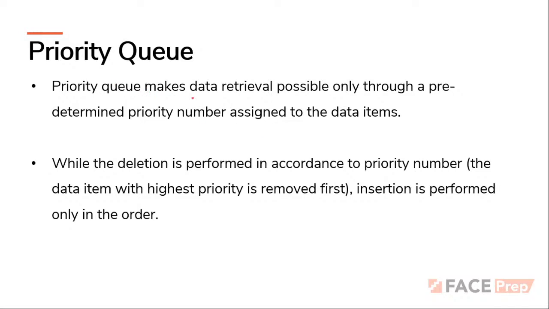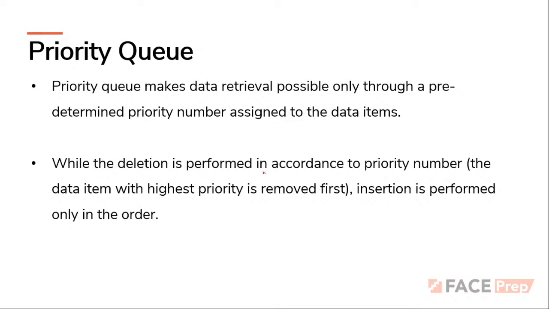Priority queue makes data retrieval possible only through a predetermined priority number assigned to the data items. So for each and every data, we'll give a priority number as well. Here in priority queue, we'll not just give the value alone. How can I know the priority? To know the priority, we have to give the priority number as well.